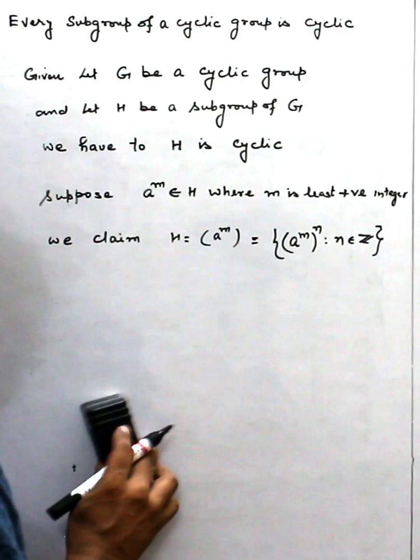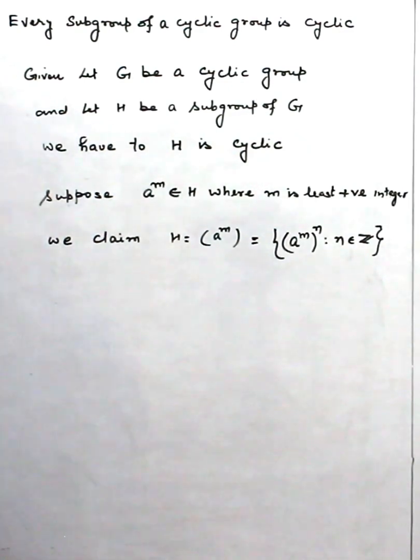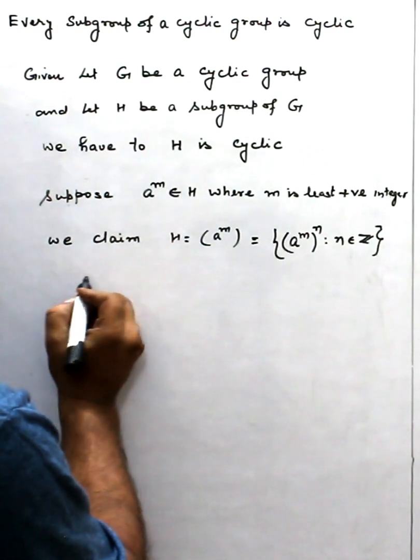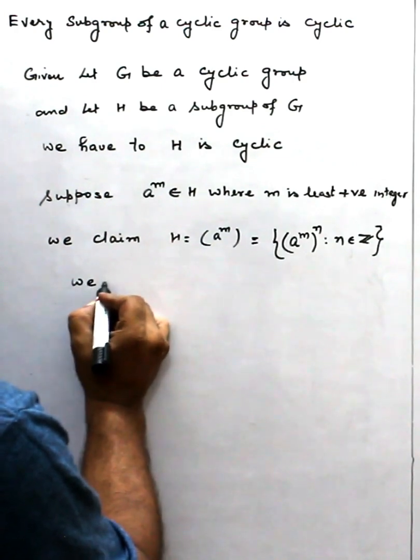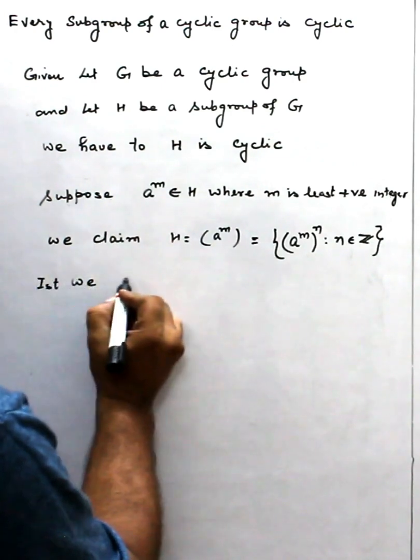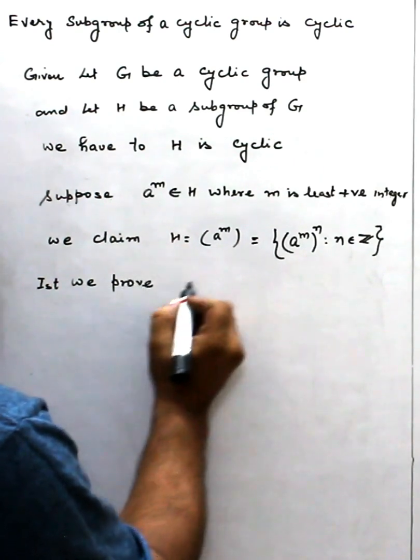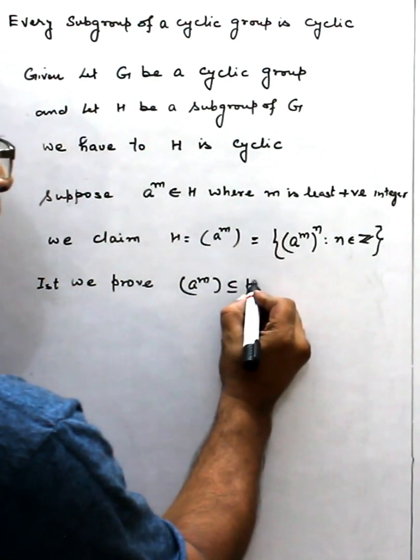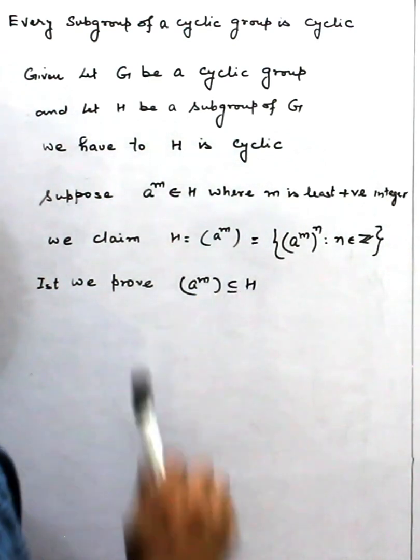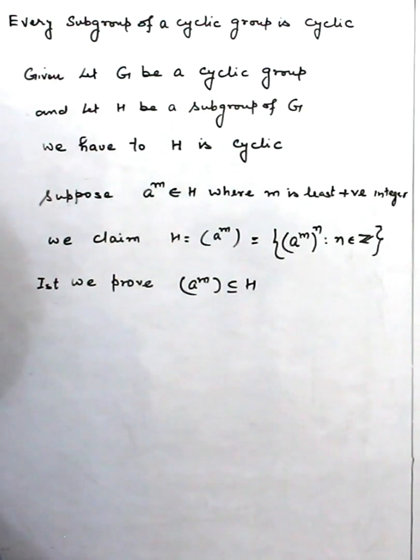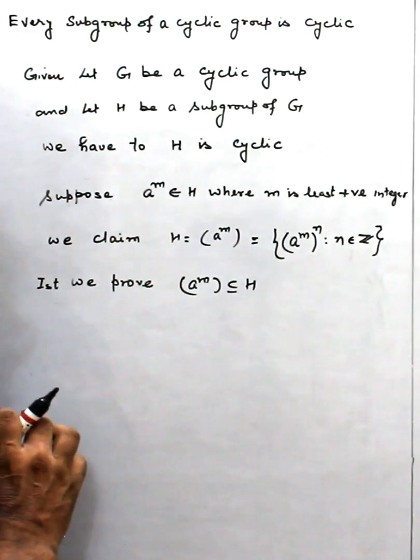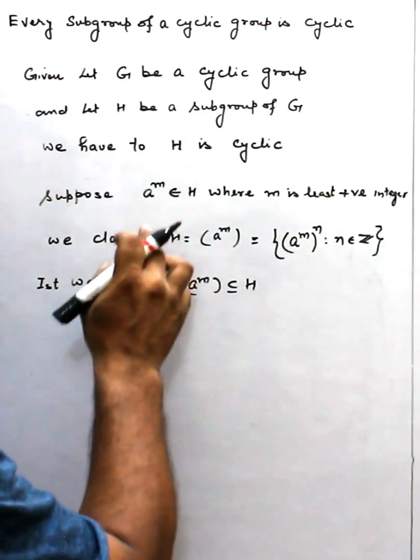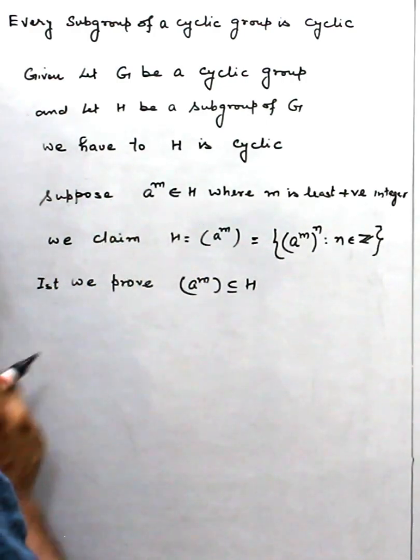Come now. To prove this equal to this, first we prove the first part: <a^m> is contained in H. This is anyway an obvious result because we have supposed a^m belongs to H. That means H is a subgroup.